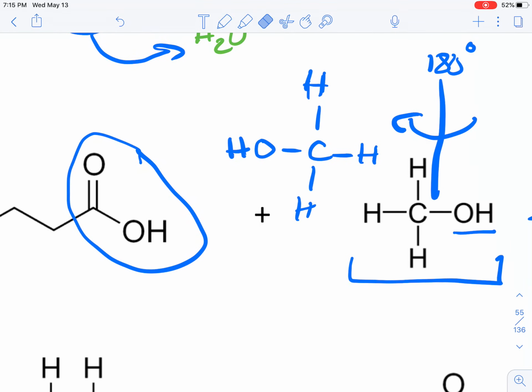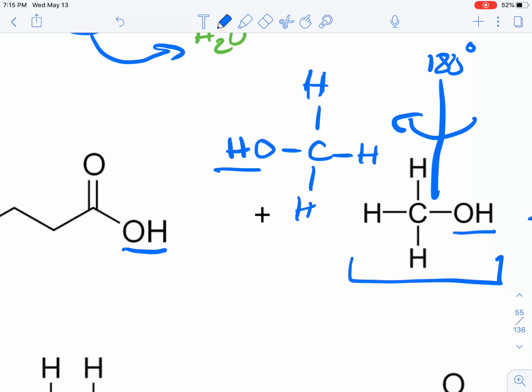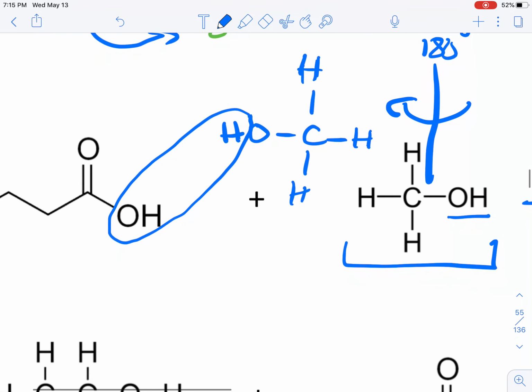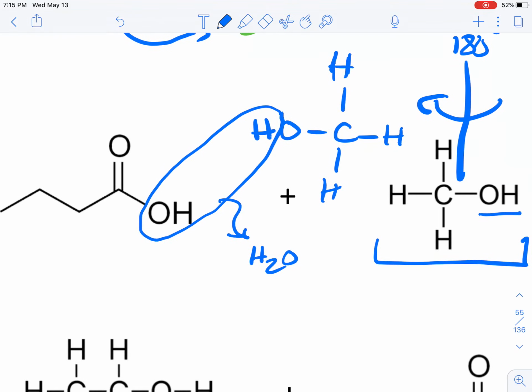So now that my OH is facing the OH from the carboxylic acid, I'm going to go ahead and draw a circle between the OH of the carboxylic acid and the hydrogen of the alcohol. And I'm going to commit that as water. And so that will tell me that the carbonyl carbon and the oxygen of that alcohol will be attached to each other.